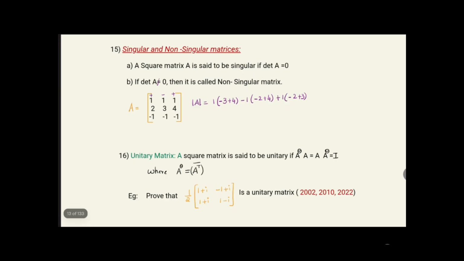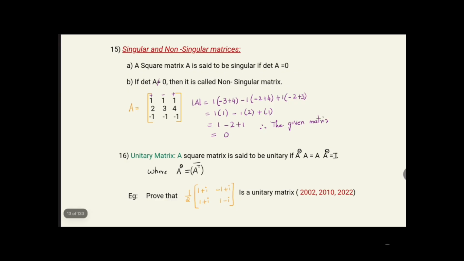Let me calculate this. It is 1 into 4 minus 3 is 1, minus 1 into 4 minus 2 is 2, plus 1 into 1. So it is 1 minus 2 plus 1, which is equal to 0. So here the determinant is 0, so we can say that the given matrix is singular.